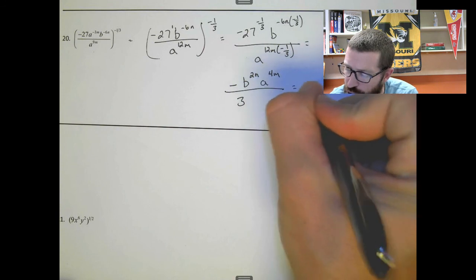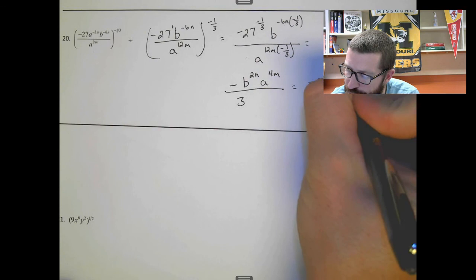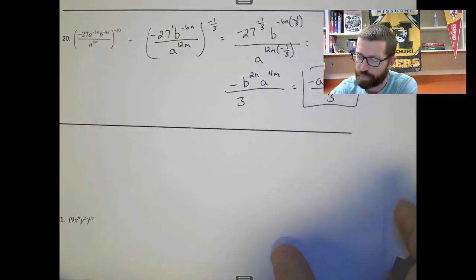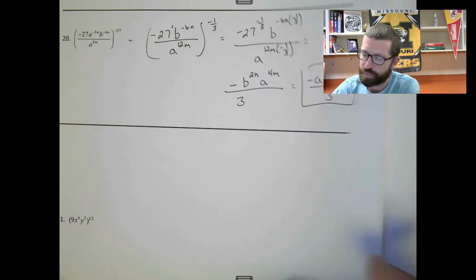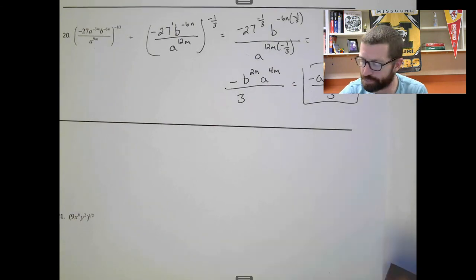And then usually you would put the a variable first. So let's rewrite it. Oops, I forgot a 2. So just be careful with that. A lot of negative signs to mess you up.